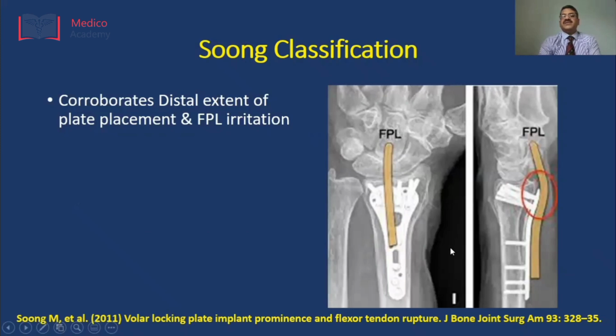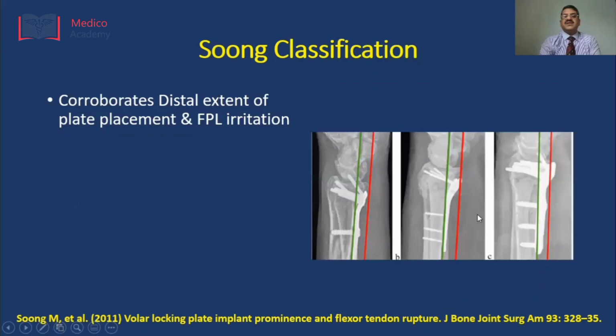Soong gave us a quantification of this, and his classification is based on the position of the plate with respect to a critical line. This red line here is an imaginary line which is drawn on the most volar bony prominence of the distal radius and parallel to the long axis of the radius. So this is the critical line here.